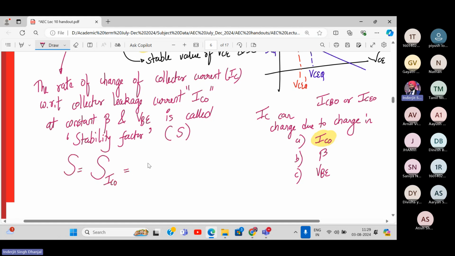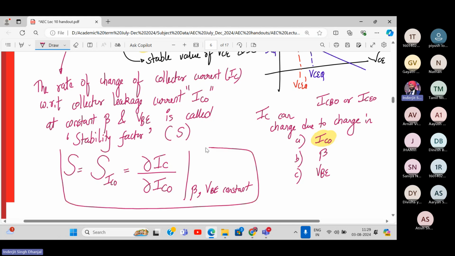It will be the partial derivative of delta IC divided by change in ICO at beta and VB constant. So we are assuming that variation of collector current with respect to beta and VB are constant. It only changes due to leakage current. So please note this expression down.